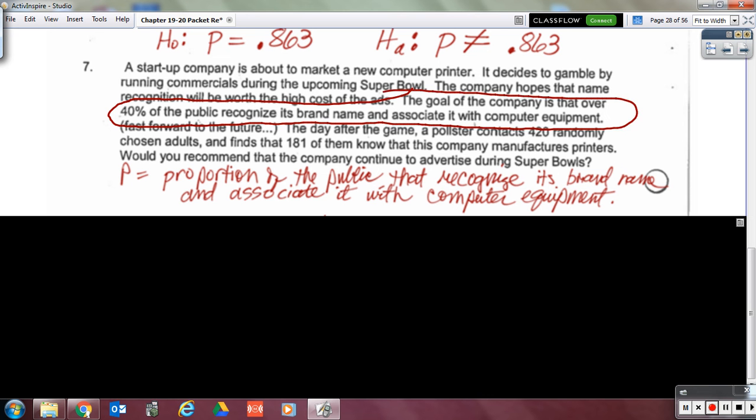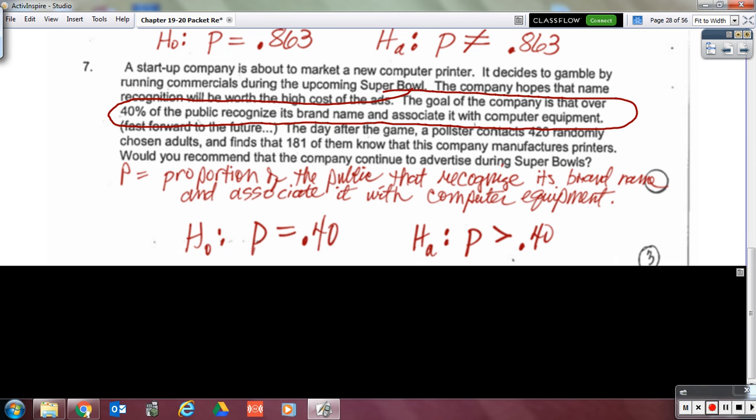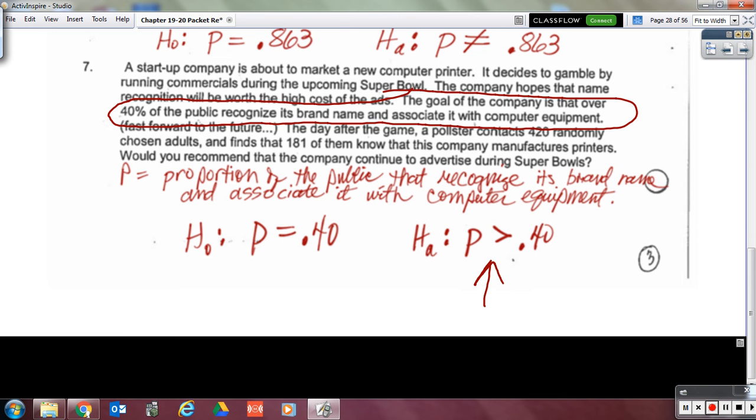The goal of the company is that over 40% of the public recognize its name brand and associate it with computer equipment. Okay, so I found the words in there. So the null is that it is at 40%, and then you are going to see if the Super Bowl ads have increased that.